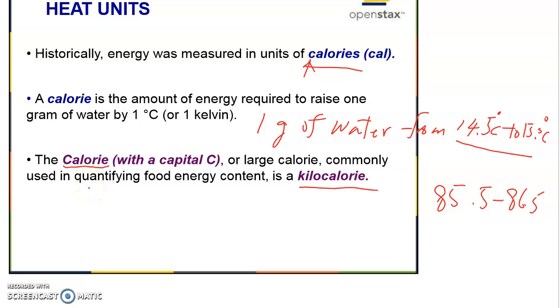In the food industry, they are very smart. On their label, instead of telling you how many kilocalories, they just say how many capital C Calories. That means it is 1,000 calories, but they don't put 1,000 in front. So when you read the label, make sure you understand that it is a kilocalorie if you see a capital C.